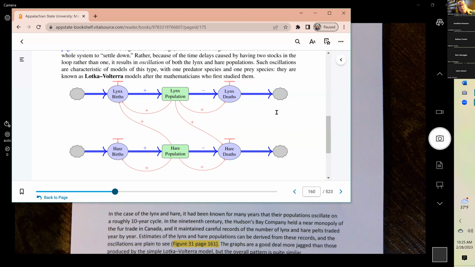And this is an example of oscillating because the one goes up, then the population goes down because these are dying. So if you look at the lynx, population goes up, but then they run out of food. So the population goes down and up and down and up and down. So that would be an example of oscillating. Any questions on it?